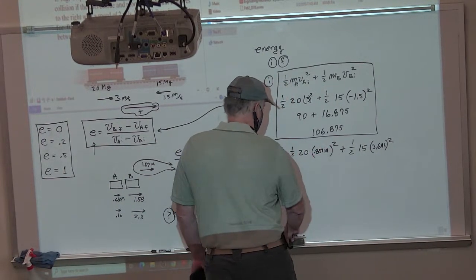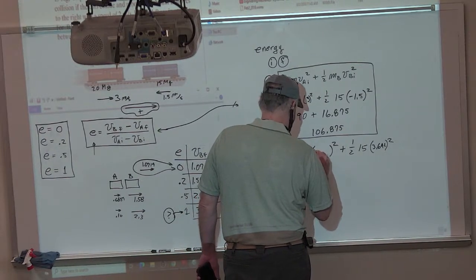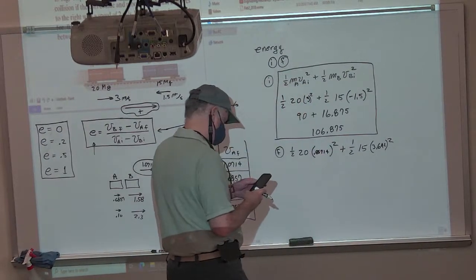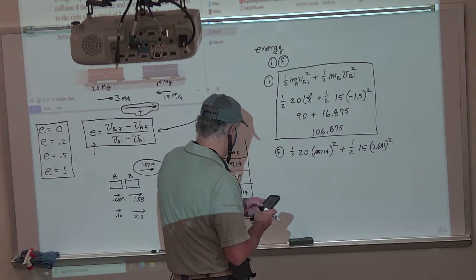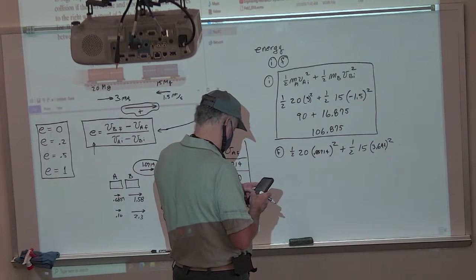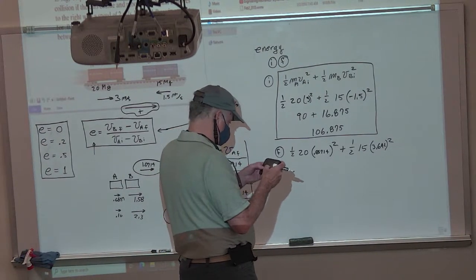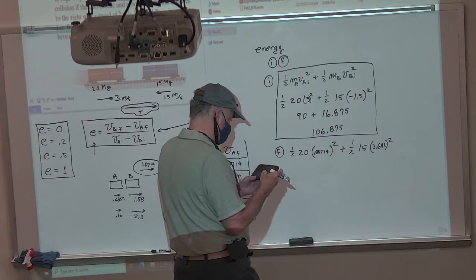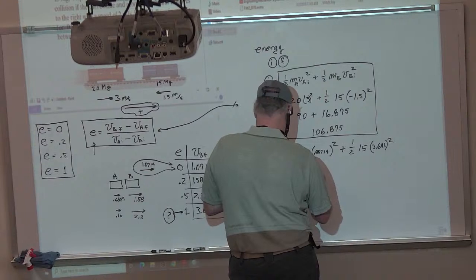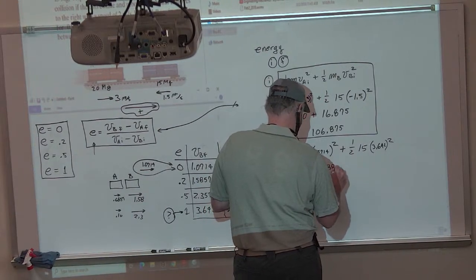Now, I have not carried all the digits here, so if I'm off by a small portion, that's okay. 0.85714, I'll have to turn it sideways and square it times 10, 7.34688.